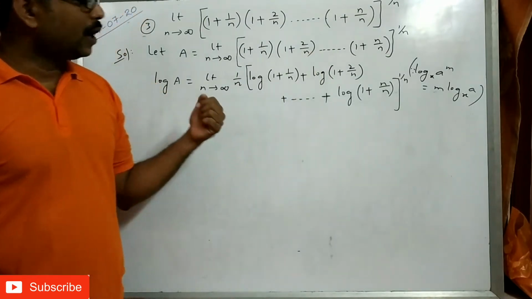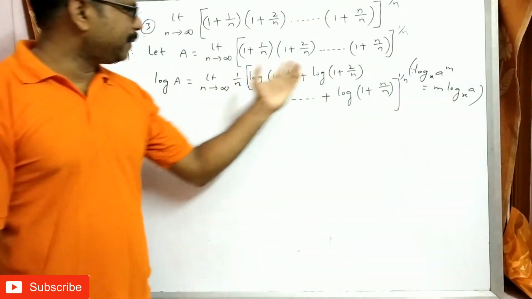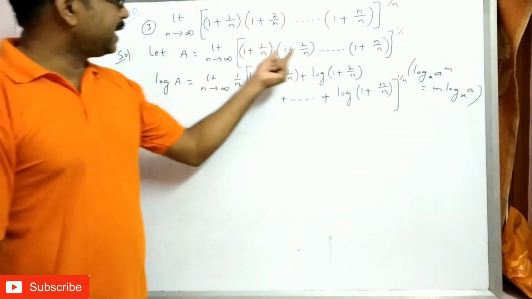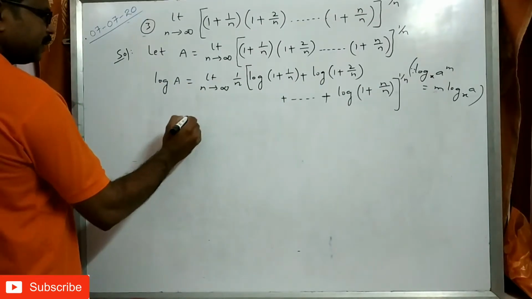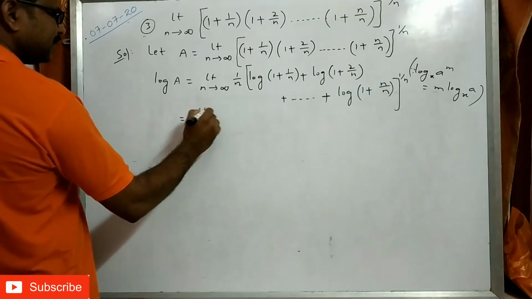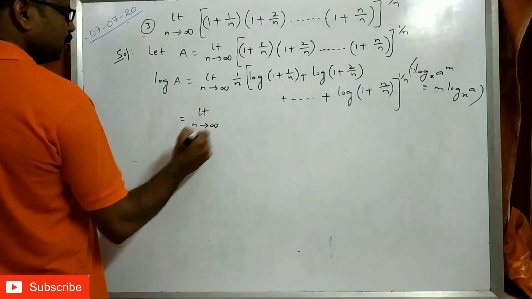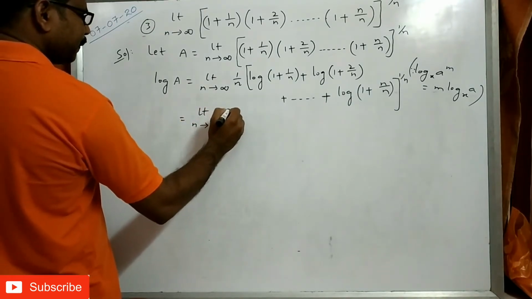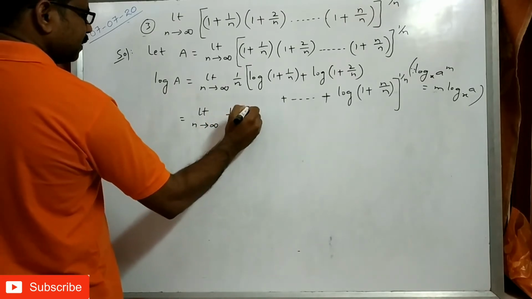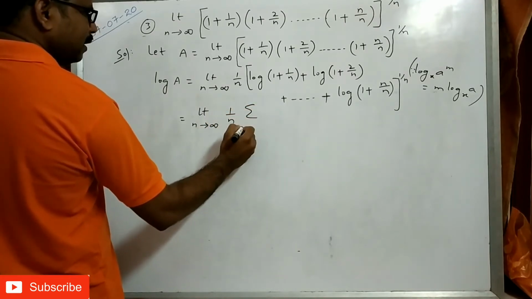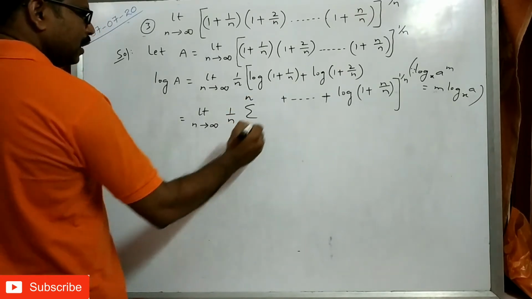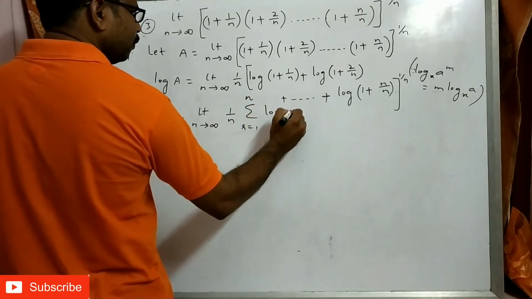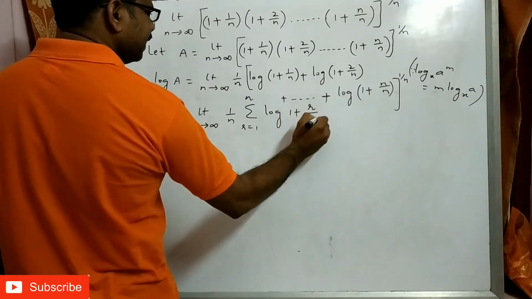Product rule: log AB we can write as log A plus log B. Here we are given the product form, and I wrote it in addition form because I want to express it as a summation. So limit n tends to infinity, 1 by n, sigma r equal to 1 to n, log of 1 plus r by n.